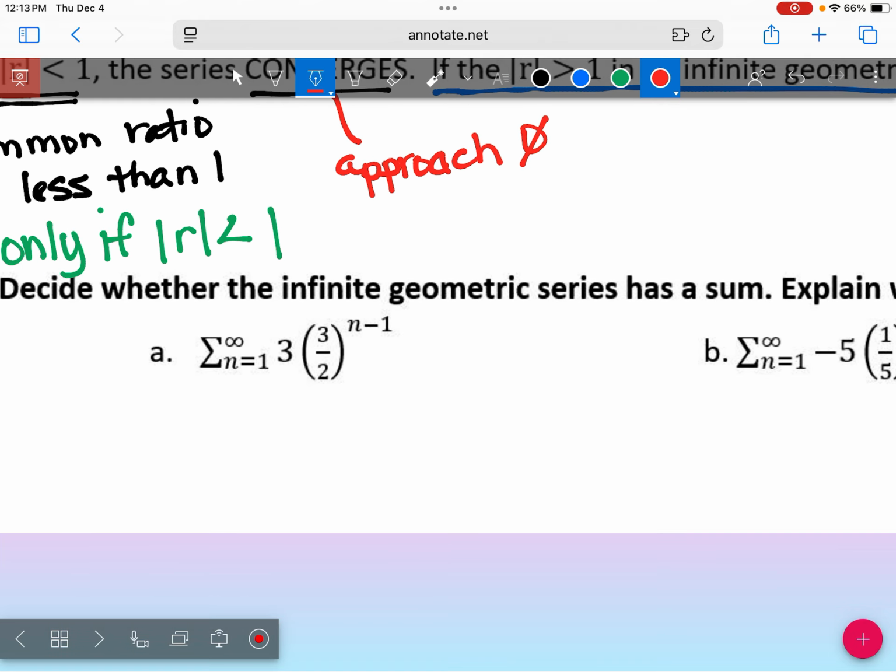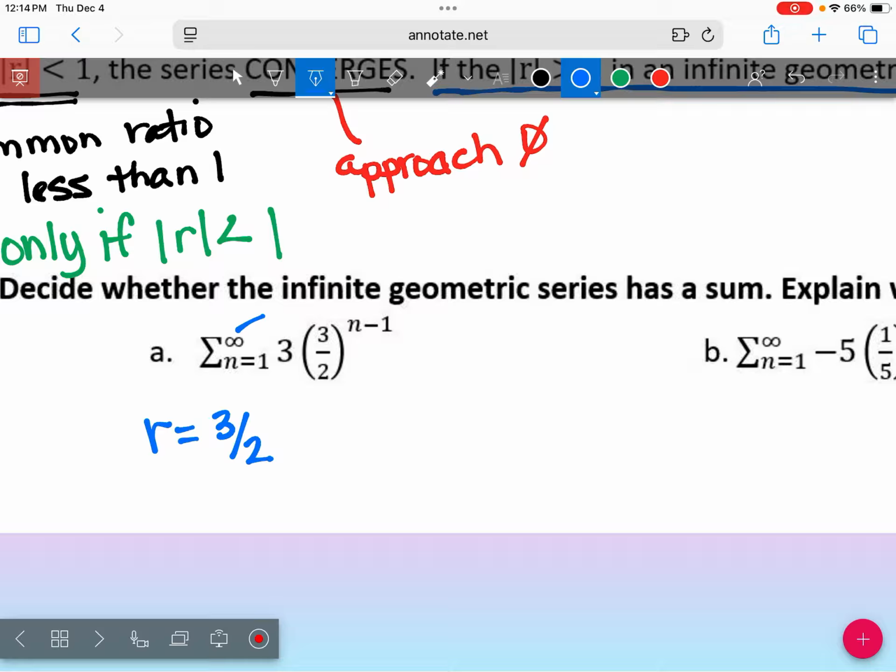How do I know that this is an infinite sum? It does say it, but it won't say it on the test. What do you notice on my sigma that tells me they want an infinite sum? Yes, notice that it ends at infinity. Okay, looking at my r value, r is 3/2. Is that greater than 1 or less than 1?